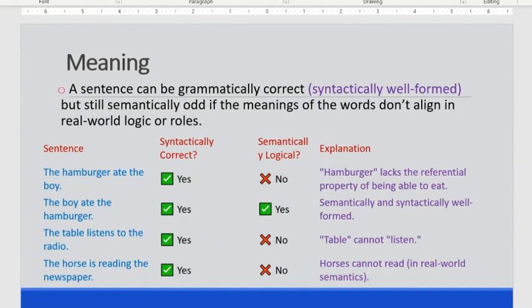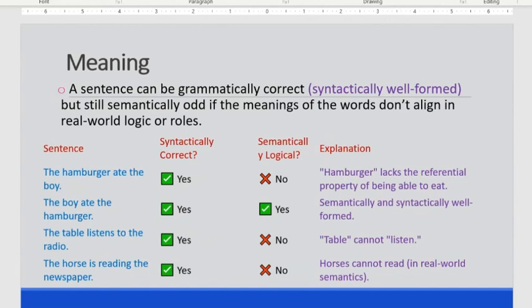Okay, for example, the hamburger ate the boy. When we see the sentence, it is syntactically correct. We have the subject, the hamburger, the verb ate, and the object boy.